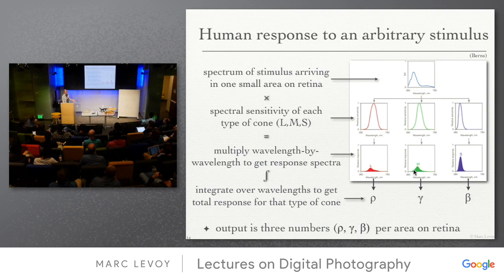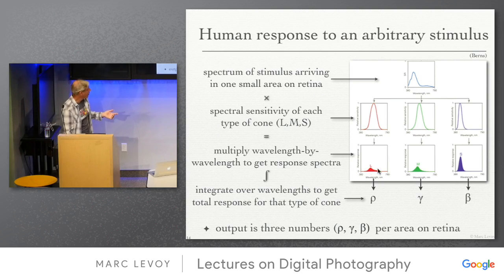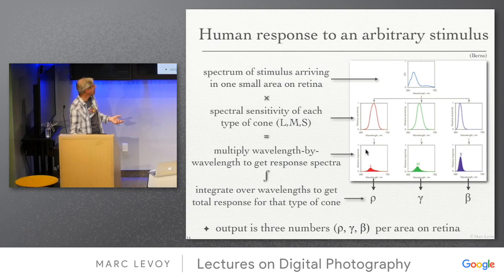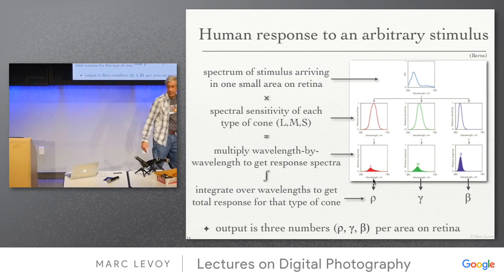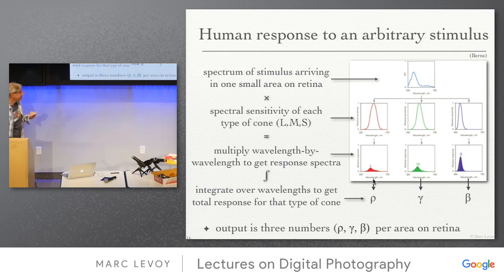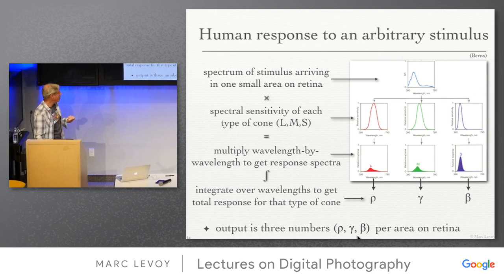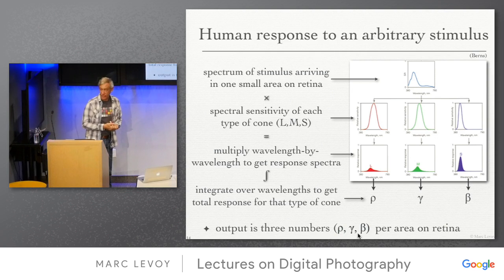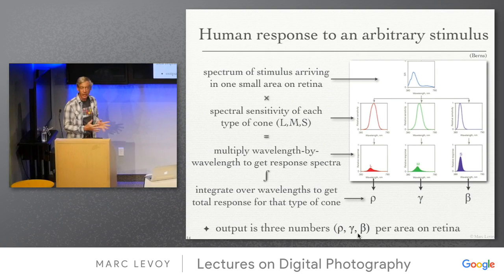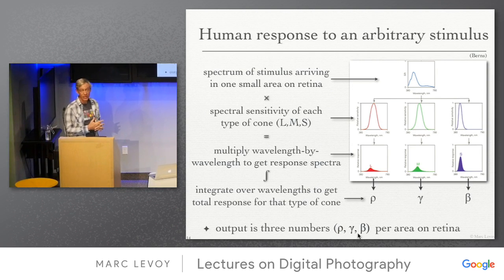And then you integrate across all wavelengths to get the total rho response. And you can do that wavelength by wavelength multiplication followed by integration because of this property of linearity. And the same for gamma and beta. And the output is just 3 numbers. That is the total response in a 3-dimensional coordinate system, at least at this level of retinal absorption.